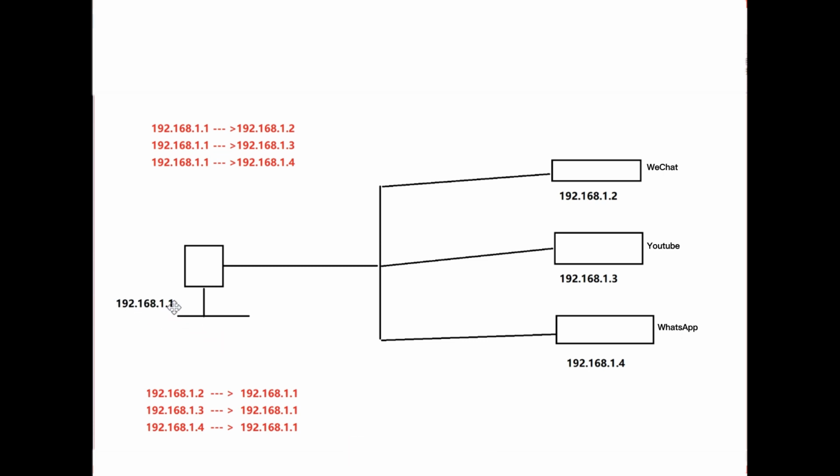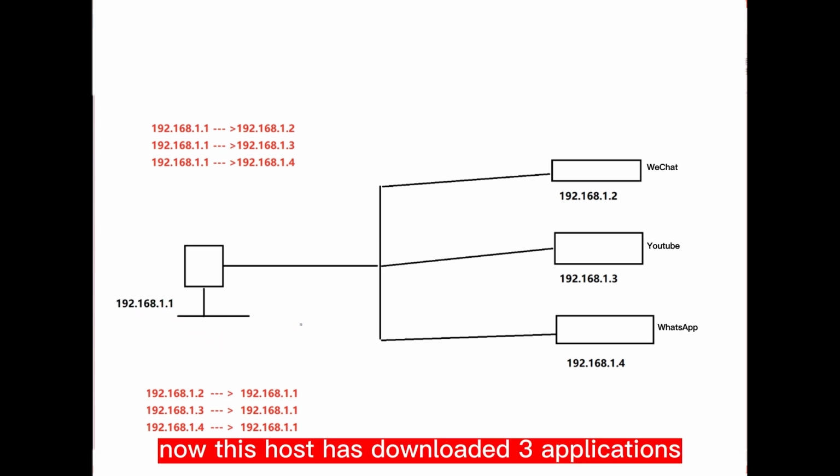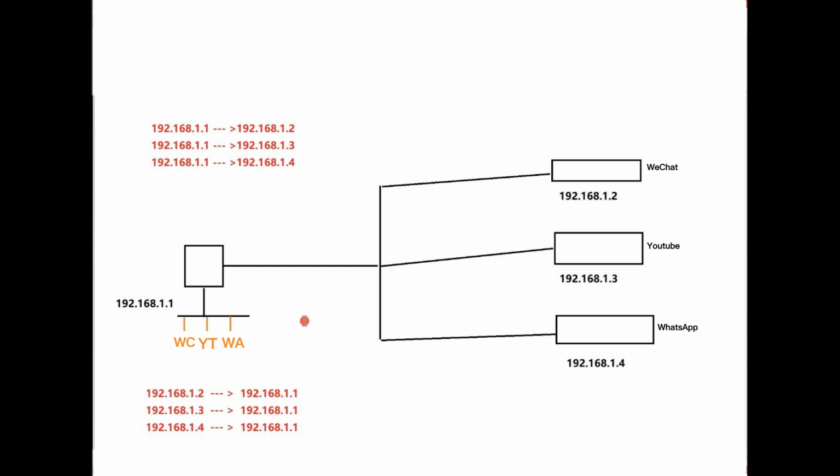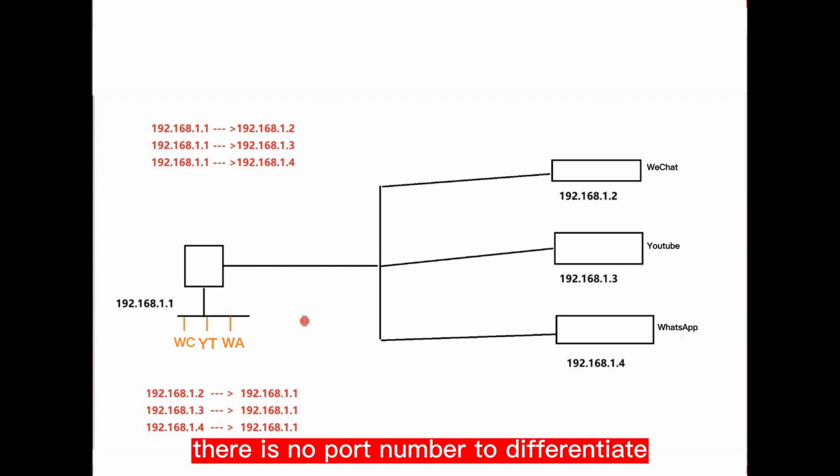For example, now this host has downloaded 3 applications: a WhatsApp, a WeChat, a YouTube. Make an identification. Suppose this is WeChat, this is YouTube, this is WhatsApp. Logically speaking, we don't know the relationship between them if there is no port number to differentiate.